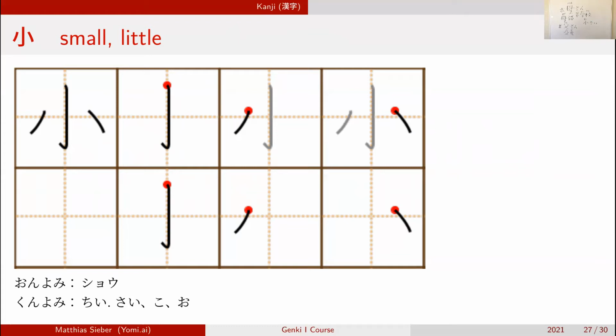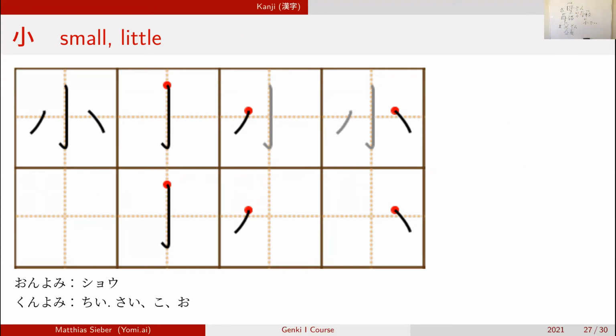And then actually, let me erase the chuugakko here and replace it with this kanji. Now this takes on the onyomi reading of sho.